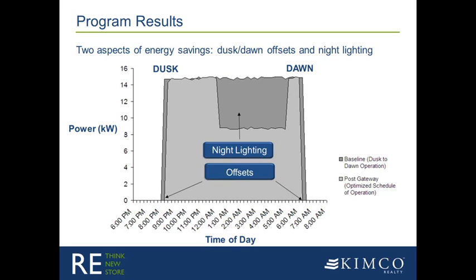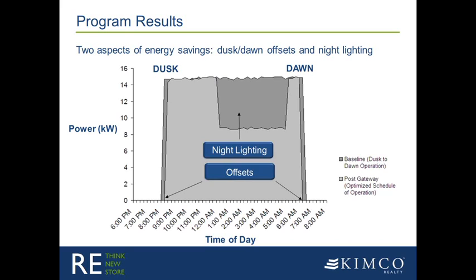The lighter shade overlaid on top of that is the demand profile after the site's been optimized, where you'll see there's a sliver of savings in the evening and in the morning due to the offsets. And there's also a period of night where the light stages back, reduces demand for 4 to 6 hours during the night. And the area under these curves would essentially represent the associated consumption of each operation.